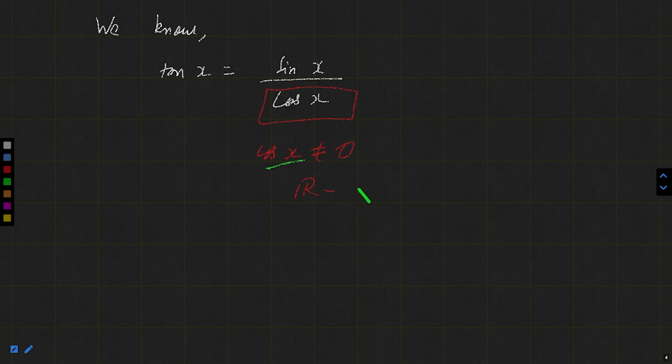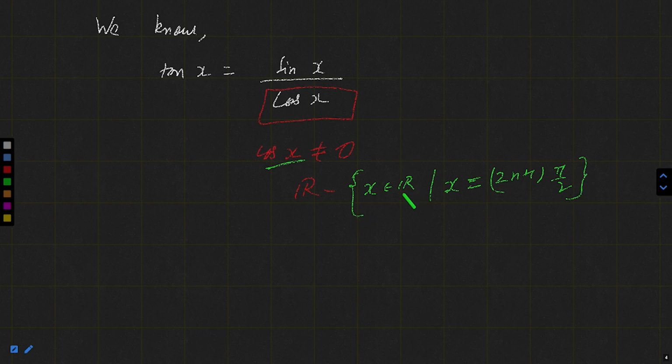We know cos is 0 where x is the odd multiples of pi by 2.